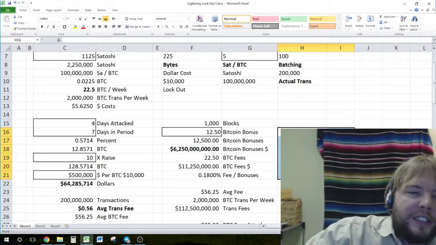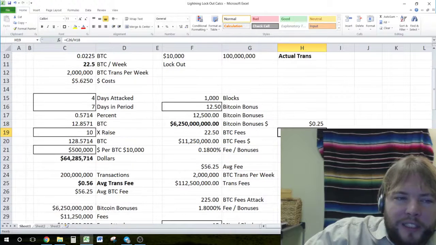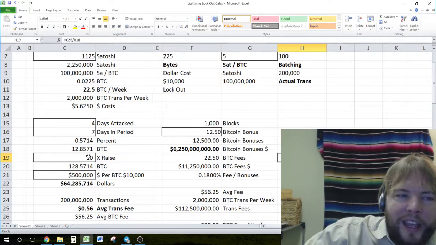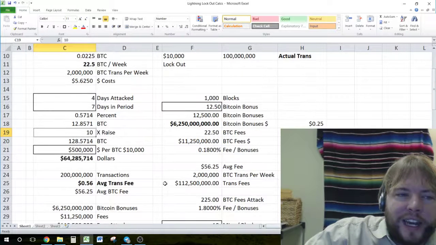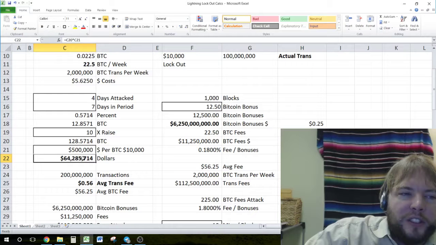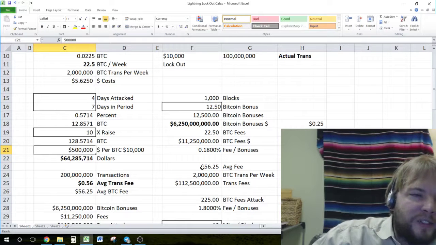And so you need the block size to either escalate with the price of Bitcoin, which here, if it's the 500,000, then the block size is under a 10x attack for $50 million. Now the block size would need to be 225 megabytes to defeat the attack successfully without disruption.